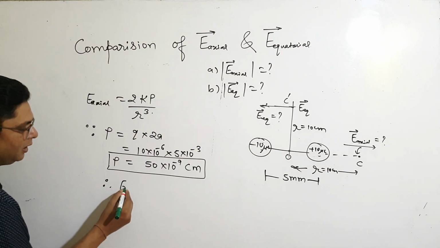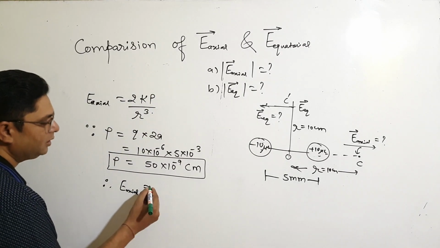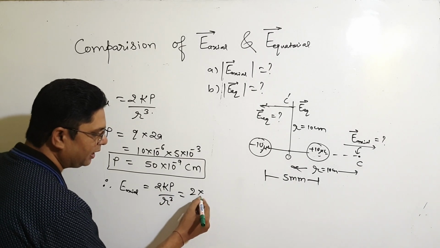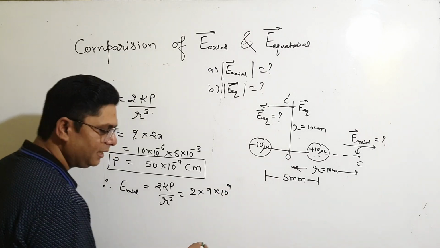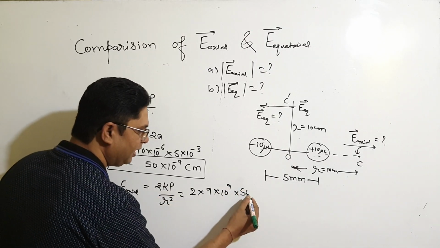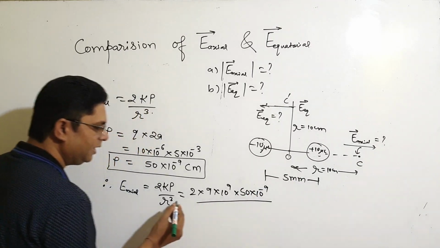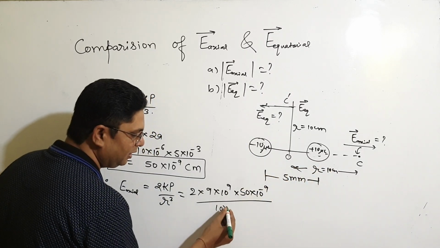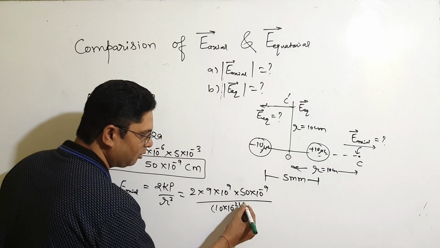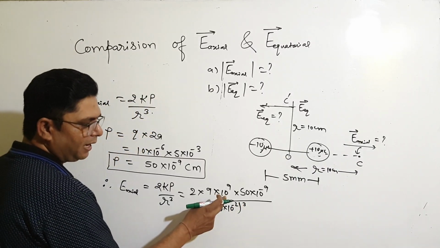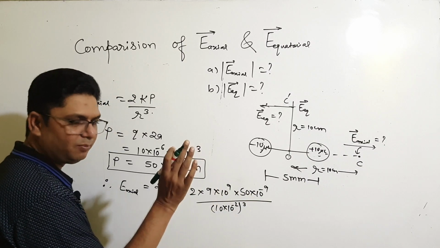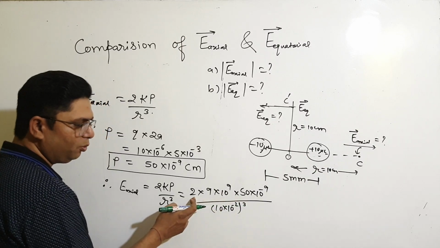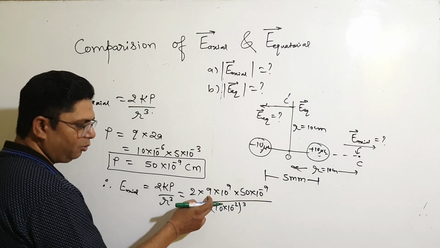So therefore E axial is equal to 2kp upon r cube. So here 2k is 9 into 10 to the power 9 and p is 50 into 10 to the power minus 9. What is r here? r is 10 centimeter. So this is 10 into 10 to the power minus 2 in meter, whole cube. 10 to the power 9 and 10 to the power minus 9 will cancel. Here you have 50 into 2 is 100 and 100 into 9 is 900.